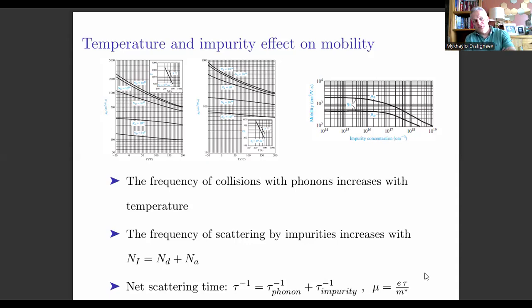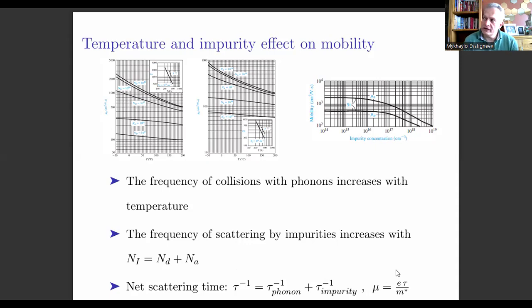Then the frequency of these collisions is proportional to the total number of impurities, that is, donors and acceptors, in a unit volume. So the concentration of donors plus the concentration of acceptors. And it also should be proportional to the temperature raised to some power.